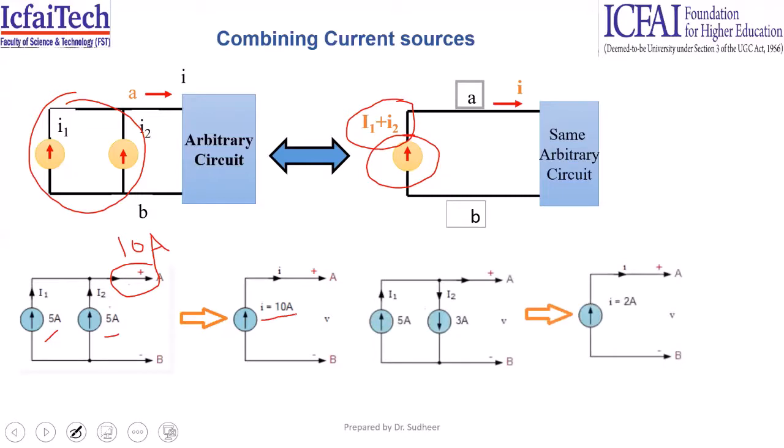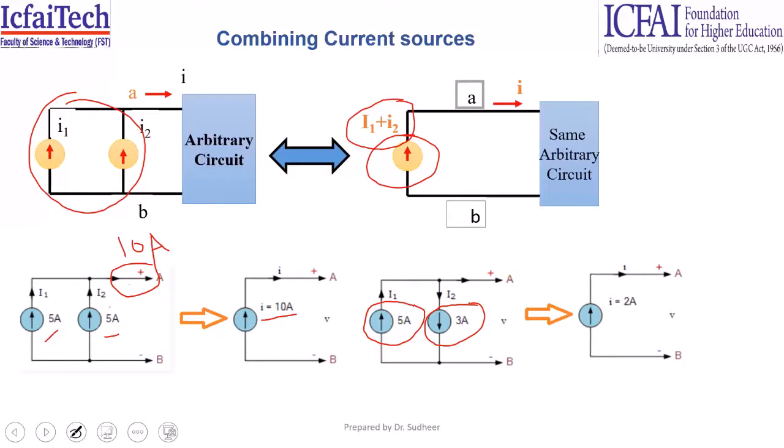Take the second case where there is one current source in the upward direction and another current source in the downward direction. So what will be the resultant when there are two forces which are opposite to each other? Finally, the displacement of a mass will be in the direction where the force is higher. So F1 is pushing a vehicle in the forward direction, F2 is pushing a vehicle in the backward direction.